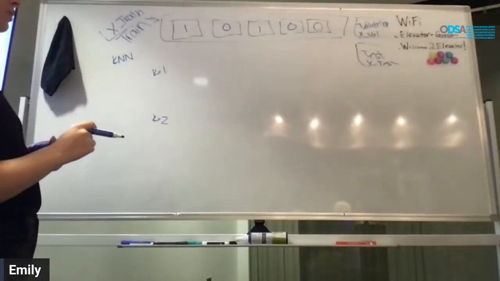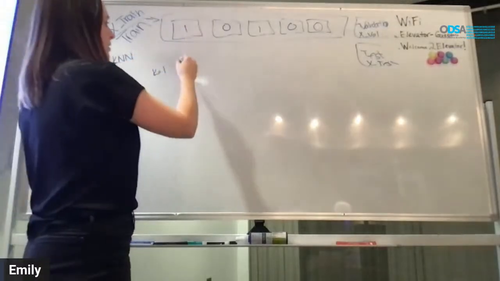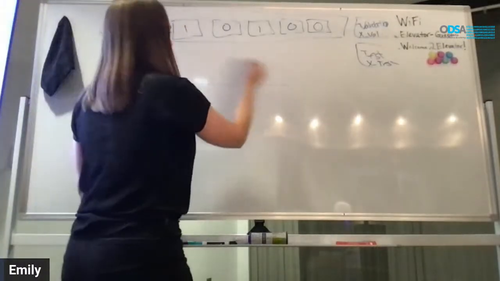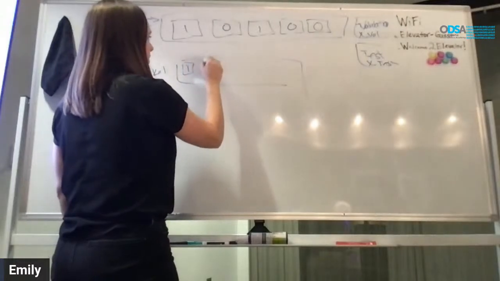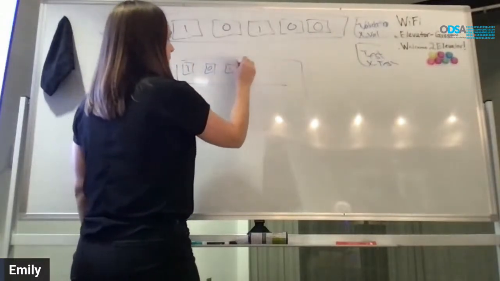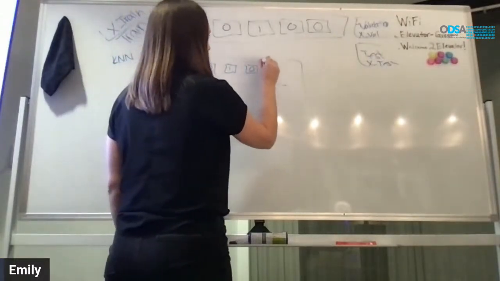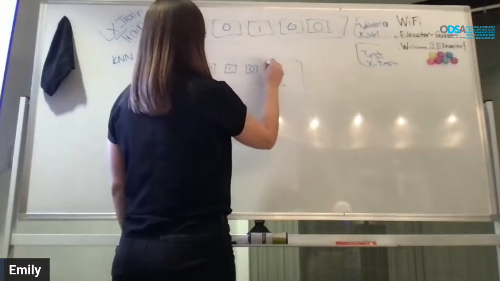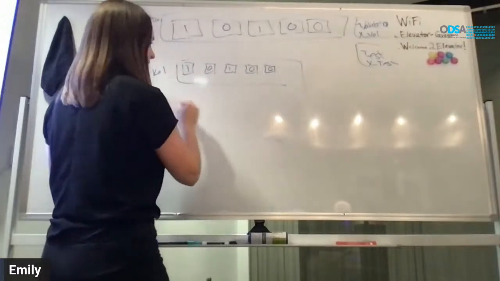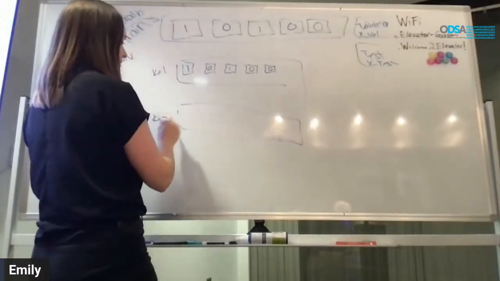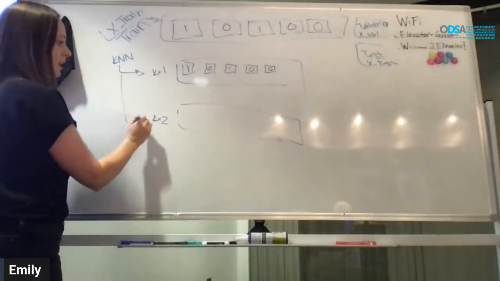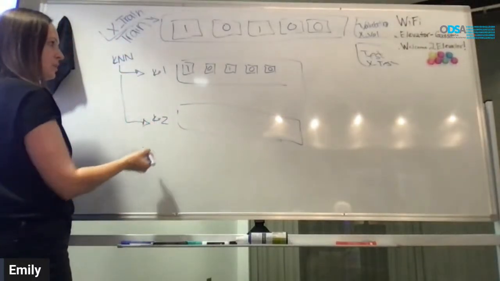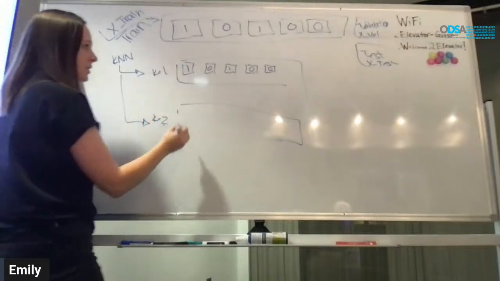And what we could do is we could pass all of our data in here, and we could say, here's data R1, here's our 0, here's our 1, here's our 0, and here's our 0. We could pass that to each of these models. These are 2 different models, a KNN model with K equals 1 and a KNN model with K equals 2. Look at one neighbor, look at 2 neighbors.